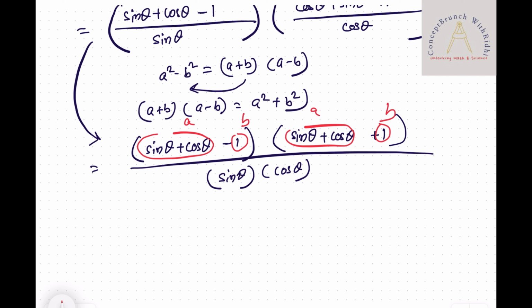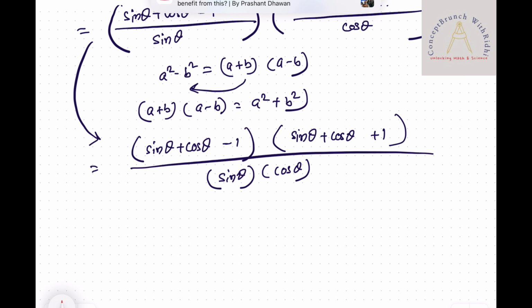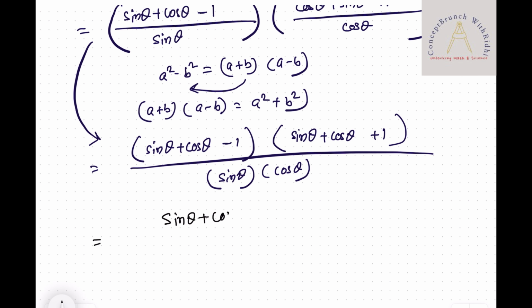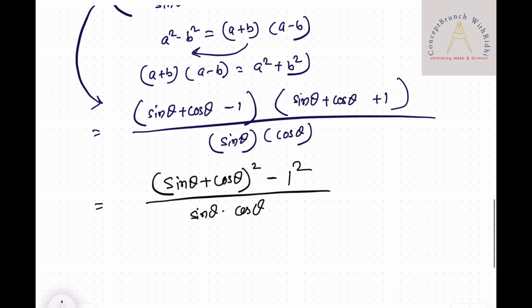Okay, rethink it. So from here we can write a sin theta plus cos theta whole square minus 1 square divided by sin theta times cos theta, correct?